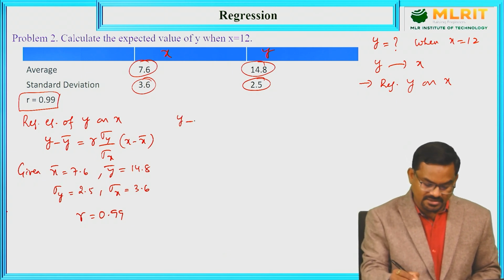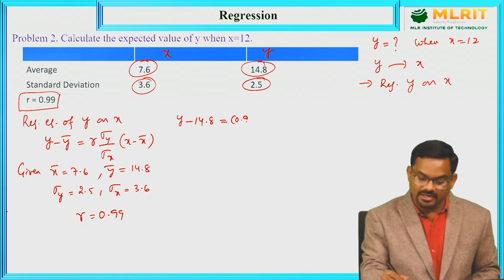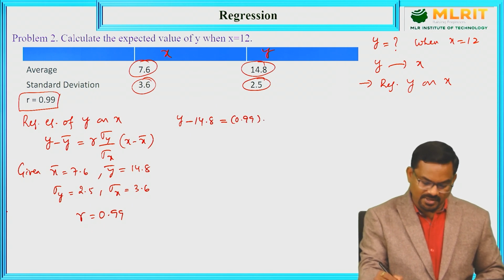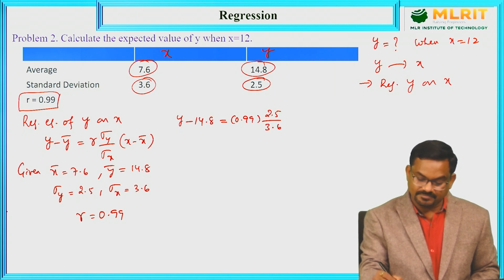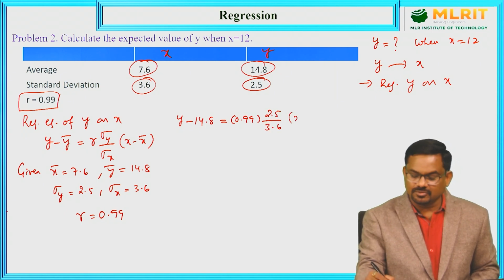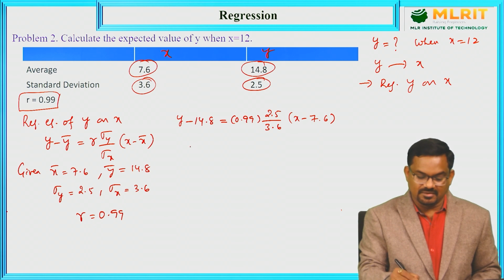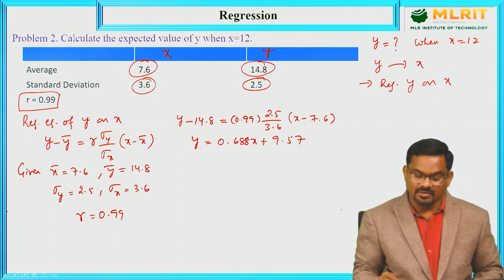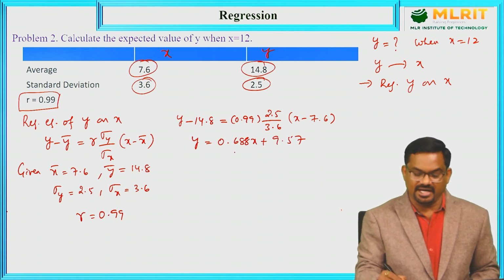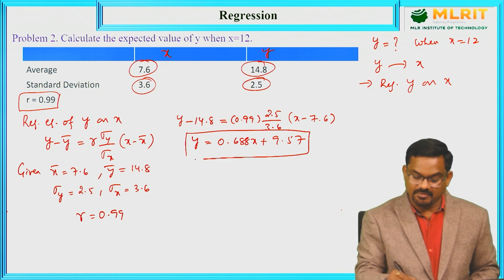Y minus Y bar is 14.8, R is 0.99 multiplied by sigma Y by sigma X, so 2.5 by 3.6, into X minus X bar is 7.6. So, after simplifying this, we get Y equal to 0.688x plus 9.57.